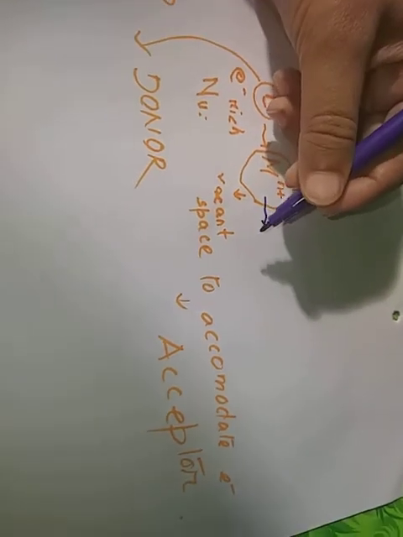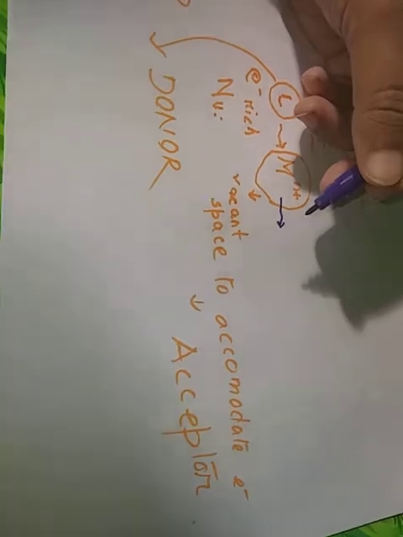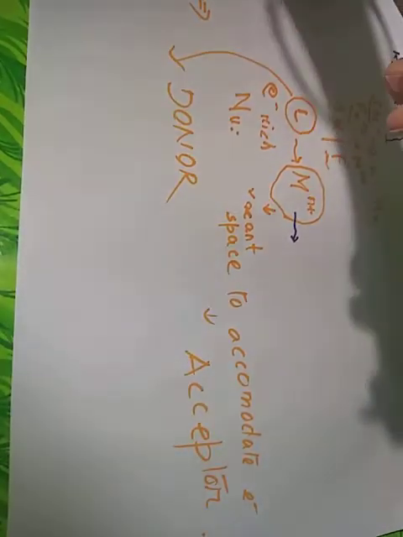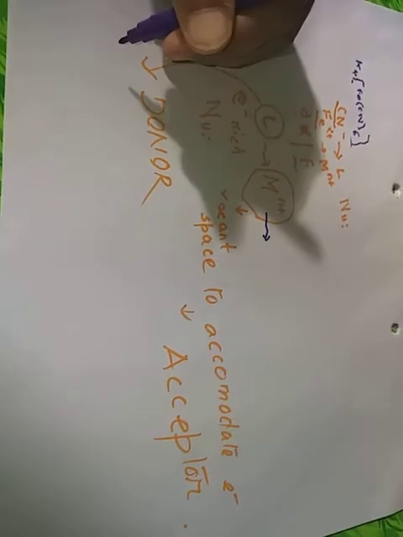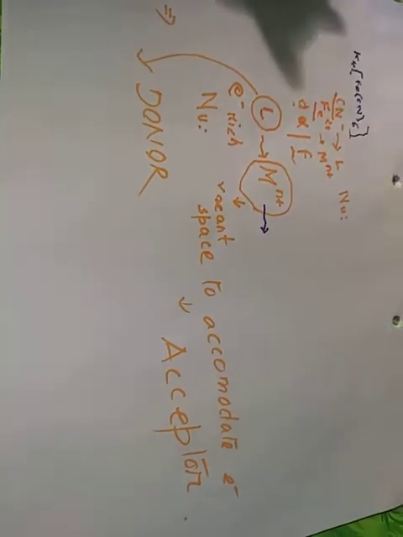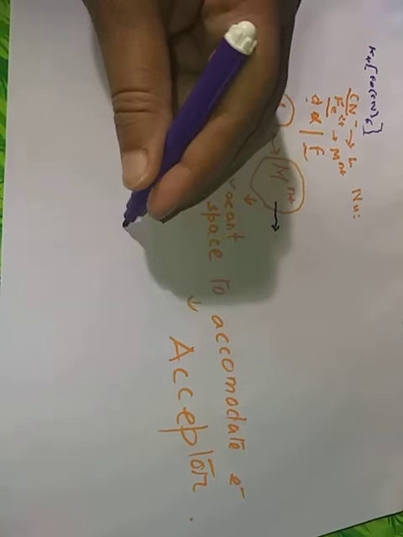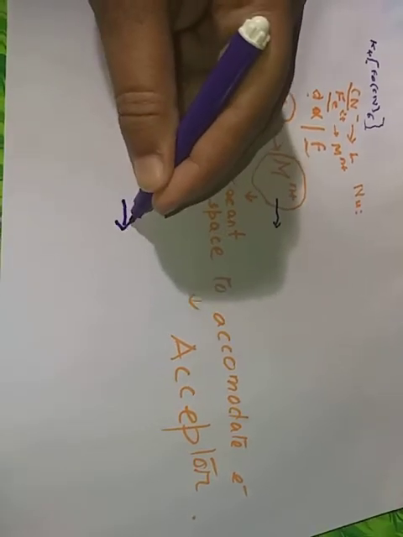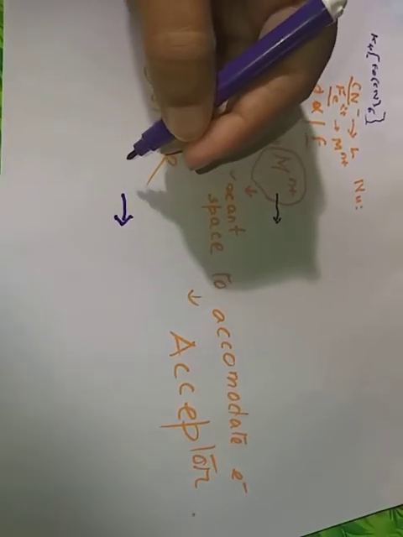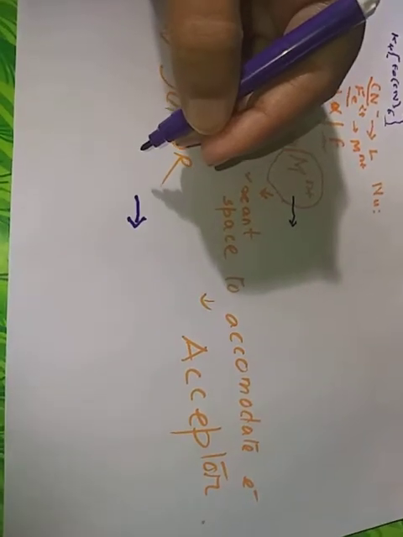Therefore, this vacant space to accommodate the electrons makes it the acceptor species, while the ligands are the donor species. I repeat, this arrow doesn't stand for any complete transfer of electron from ligand to metal.